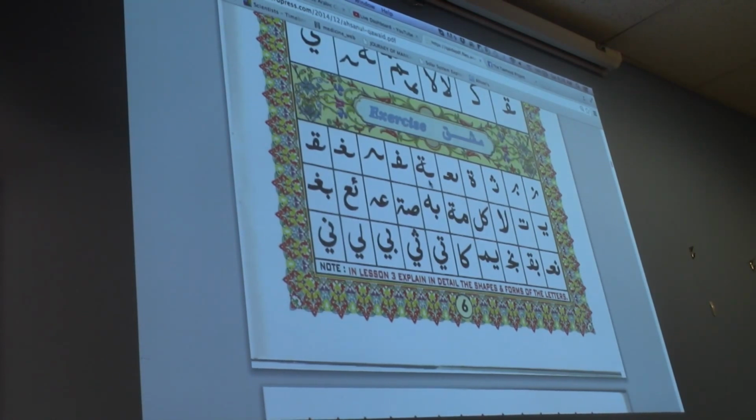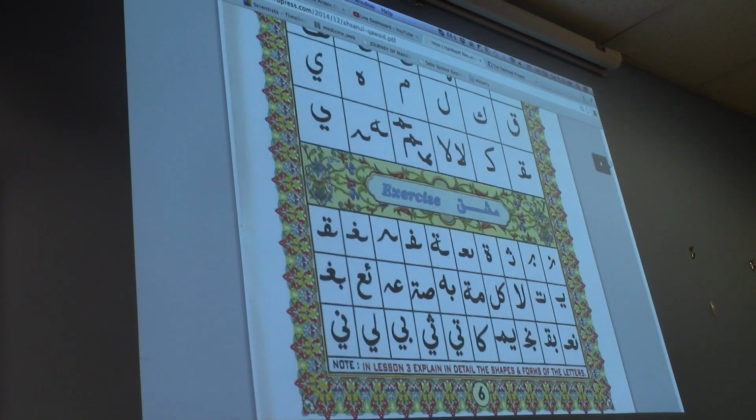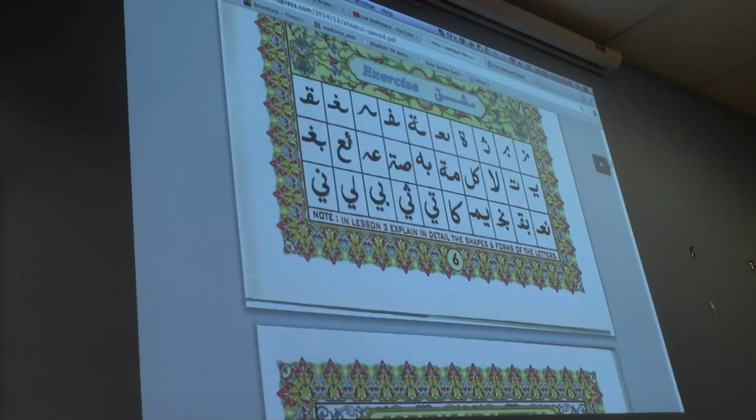Likewise, another ta marbuta, the closed ta. Then a fa. And then here we have a ha. And then we have a ghayn, qaf, ya, ta, lam, and then alif. This is the lam right here. The alif is attached to it. This means la, no.